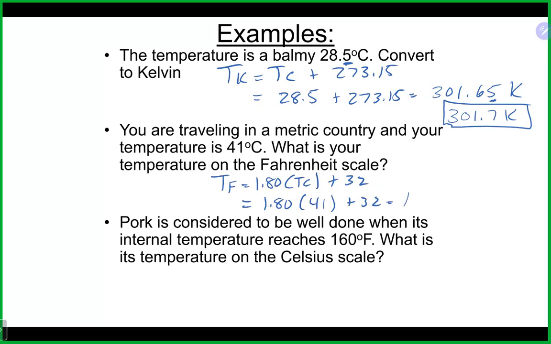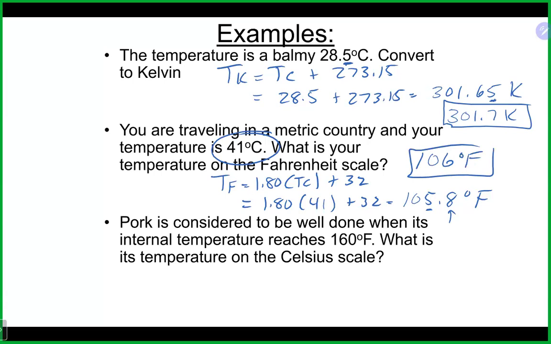That's going to give us on our calculator 105.8 degrees Fahrenheit. Once again, we're going to look at our original number here, and we do see it is a whole number in this case. So we will want to round this to a whole number. Once again, we do want to look at the 8. That is above 5, so we're going to round up. So a 106 here would be our proper number. Any questions on that there?